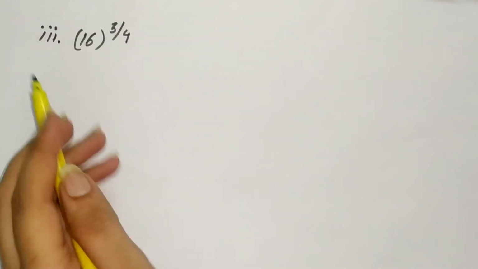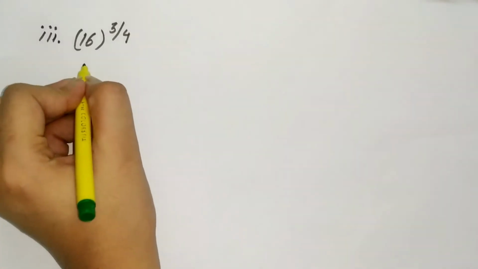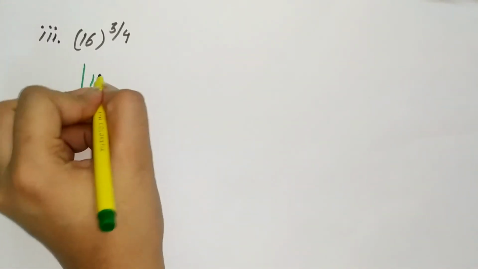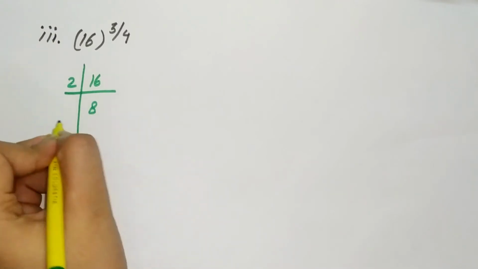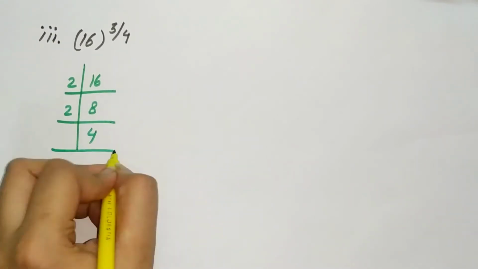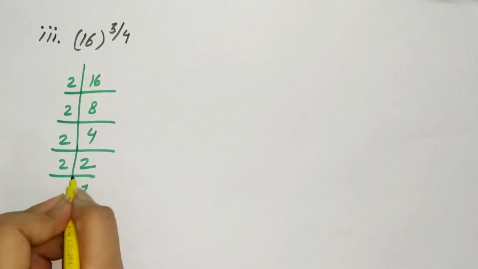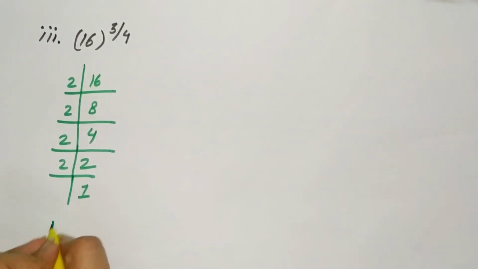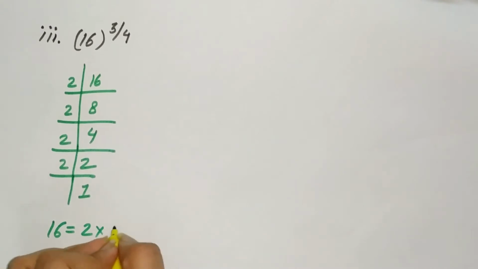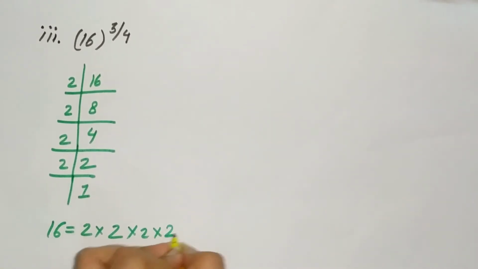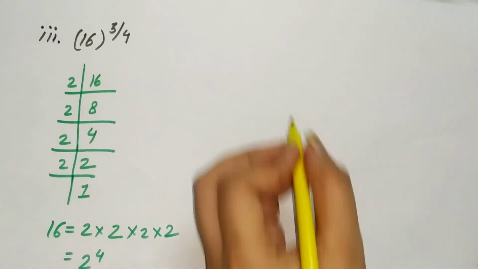Third part is again find the LCM of 16. Sixteen is equal to 2 multiply 2 multiply 2 multiply 2 or 2 raised to the power 4.